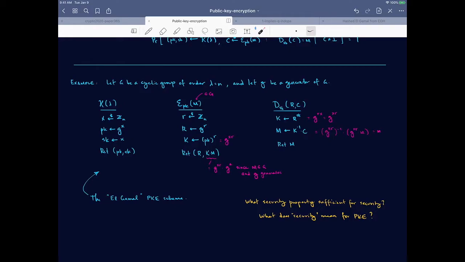But that corresponds to the computational Diffie-Hellman problem. Given g to the x and g to the r, compute g to the xr. So clearly, the CDH problem is going to have to be hard in the cyclic group in order for this to have security. Those are both going to be necessary, but they're not going to be sufficient. In fact, the decisional Diffie-Hellman problem is going to be sufficient for what we need to show security. But before we can do that, as I said, the first thing we have to do is define what it means for a public key encryption scheme to be secure.